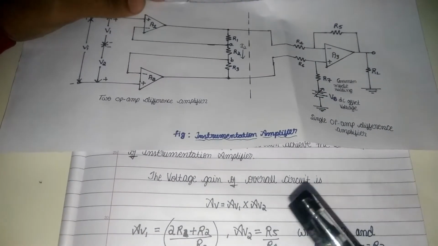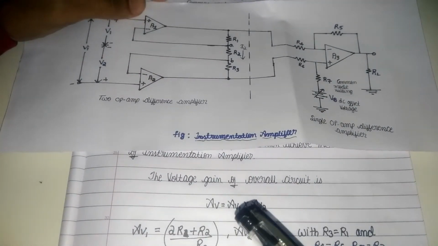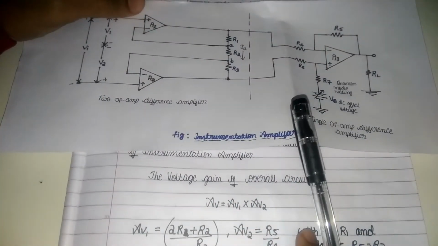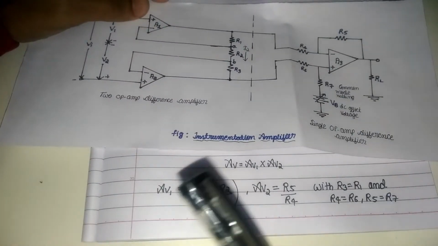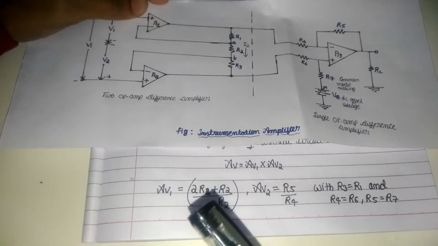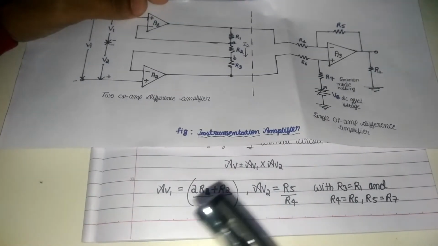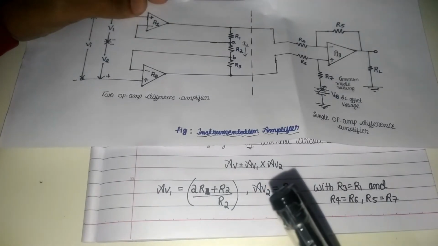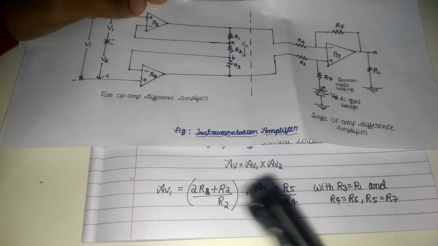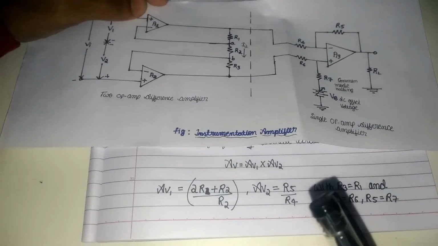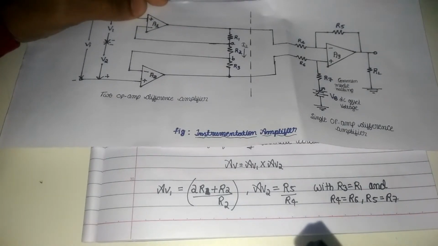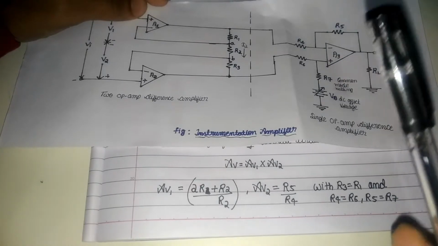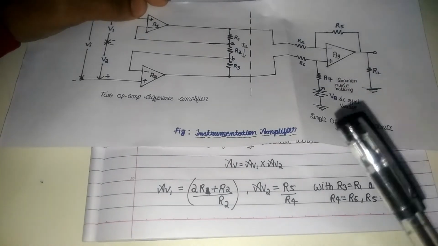So what is the formula of the gain? The formula of gain is AV equal to AV1 into AV2. First we substitute the value of AV1, which has been found to be 2 into R1 plus R2 divided by R2. The gain AV2 of the single op amp difference amplifier is R5 divided by R4.